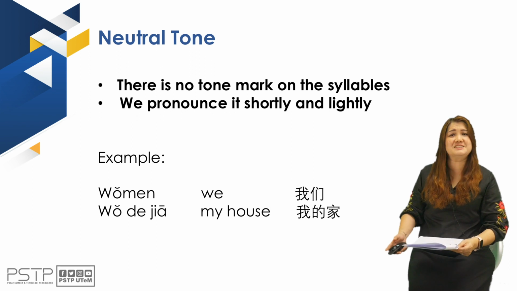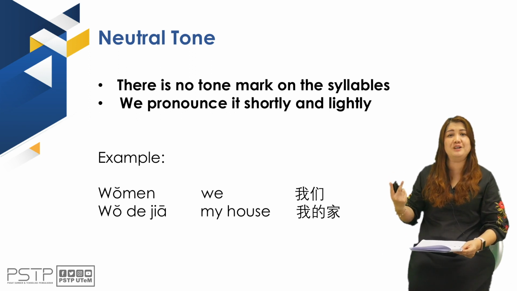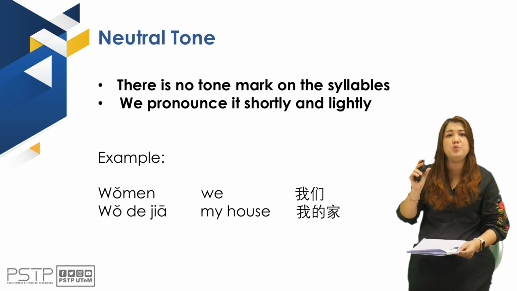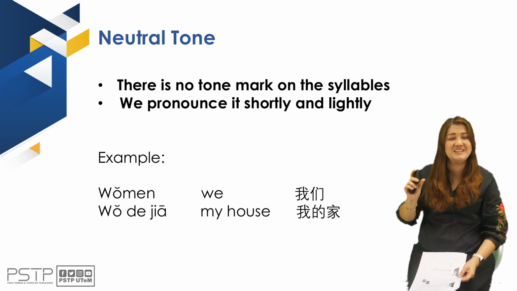If you want to say my house, you pronounce 我的家. Okay, you notice or not? For syllables without a tone, you cannot stress the sound. You have to pronounce it shortly and lightly.